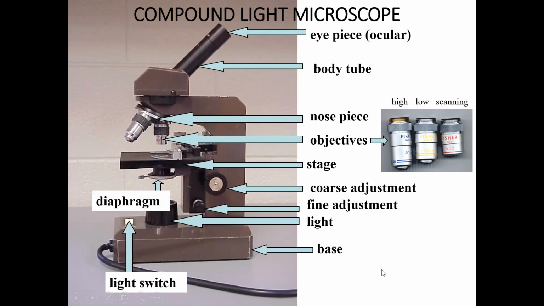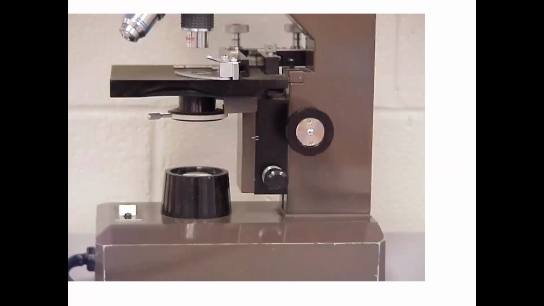This is the iris diaphragm here. There's a little lever that lets it slide back and forth to open and shut it. And again, it acts very much like the pupil of your eye that regulates the amount of light coming in. This is a close-up here of the stage. These clips here hold the microscope slide in place, and the slide goes across the stage.